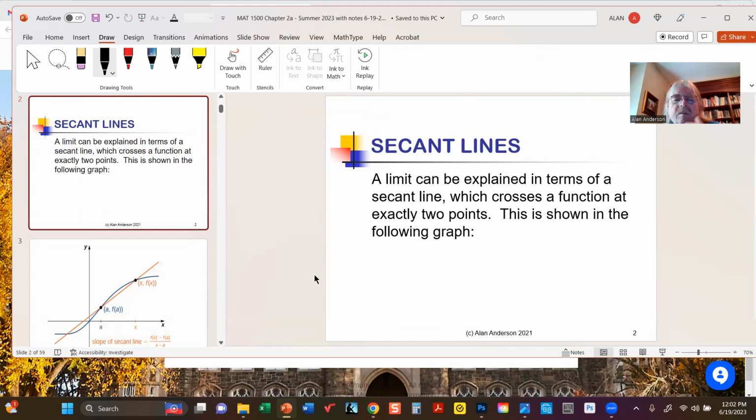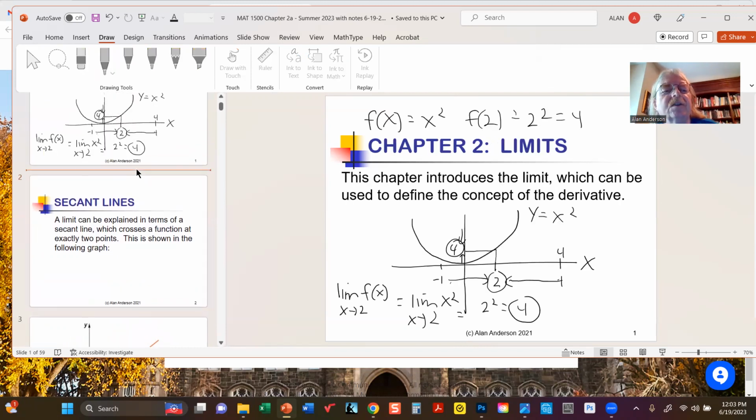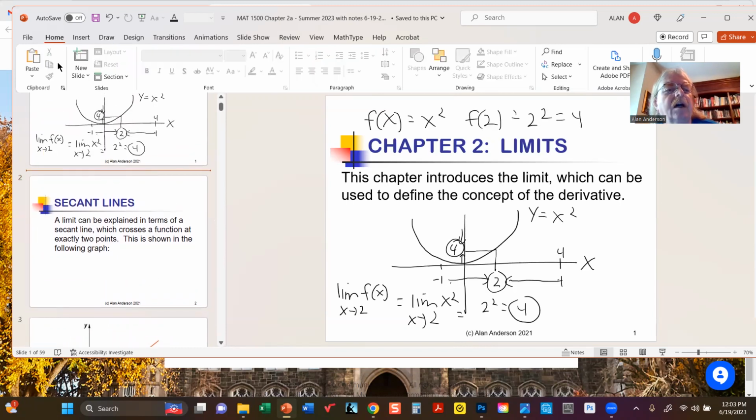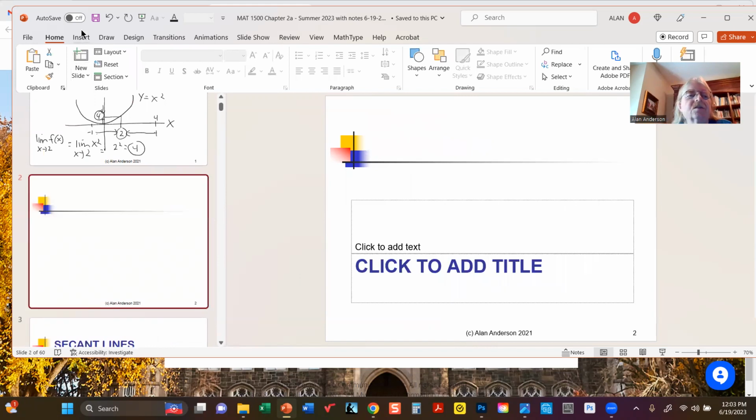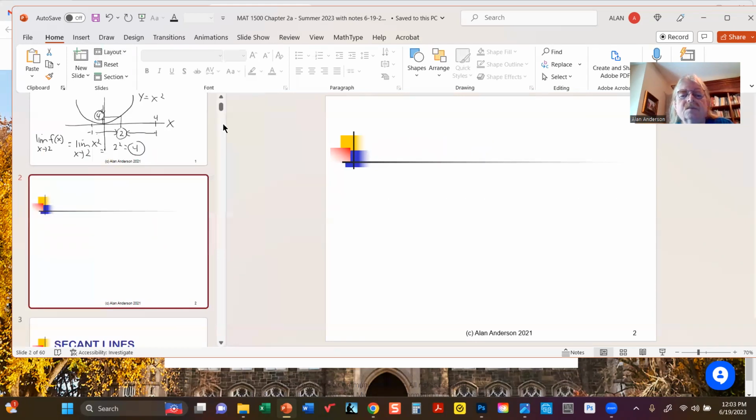Okay, and then, because we remember what a tangent line is, let me just quickly review that for a second. A tangent line is very straightforward. Imagine again, we have the function y equals x squared.